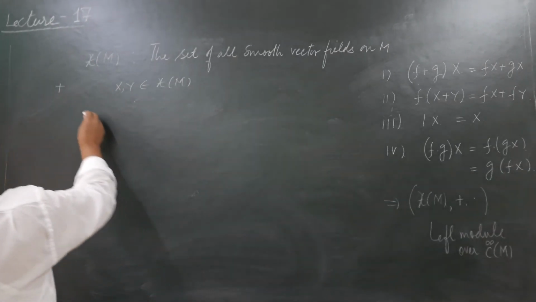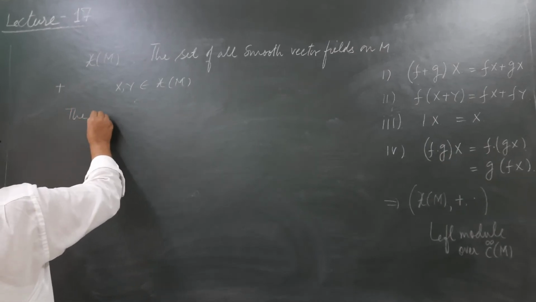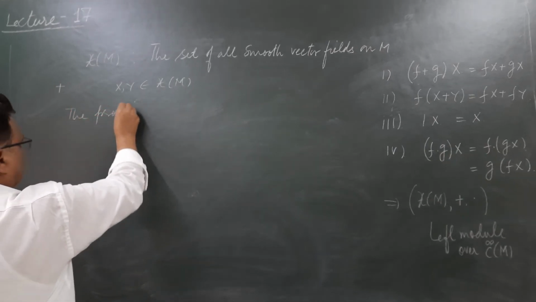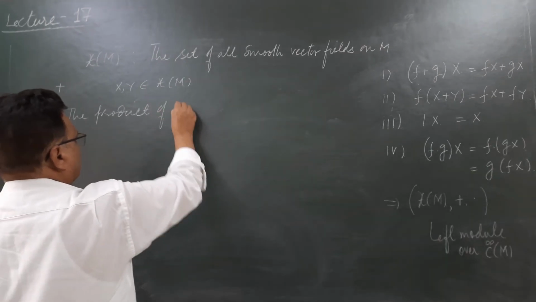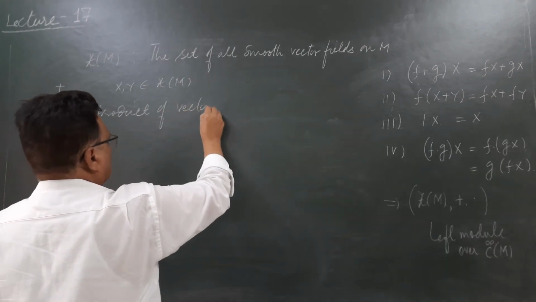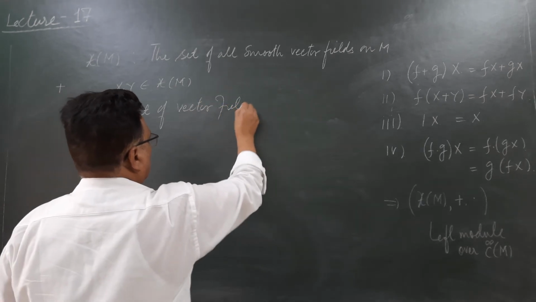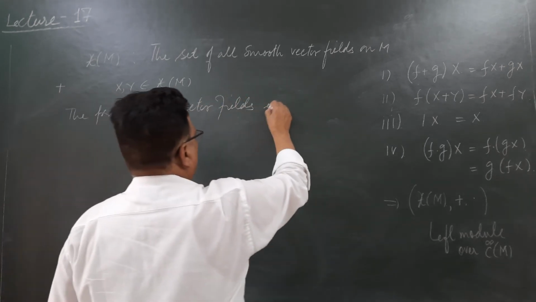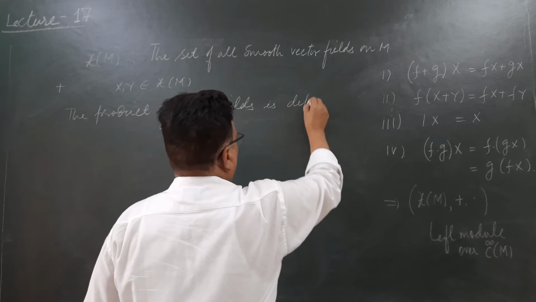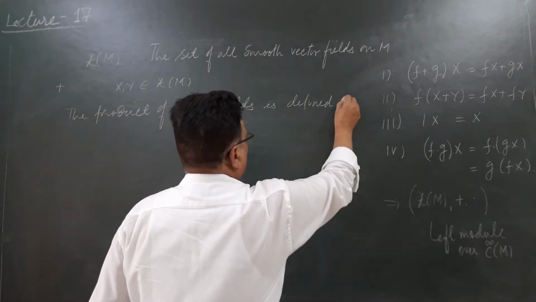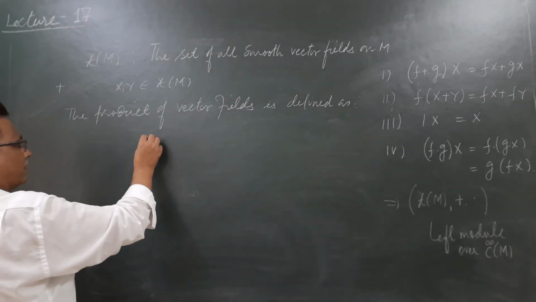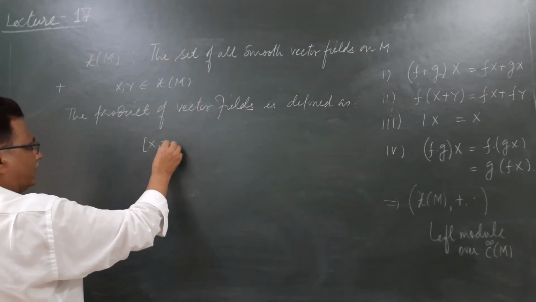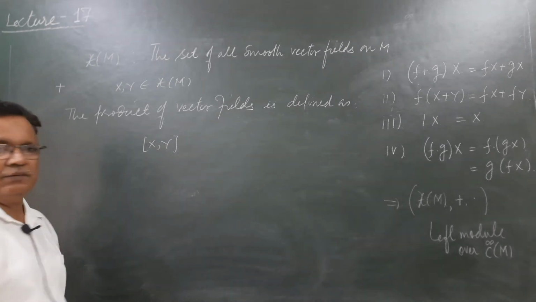The multiplication of vector field or the product of vector field is defined as we denote the product by the symbol bracket and we call it a Lie bracket.